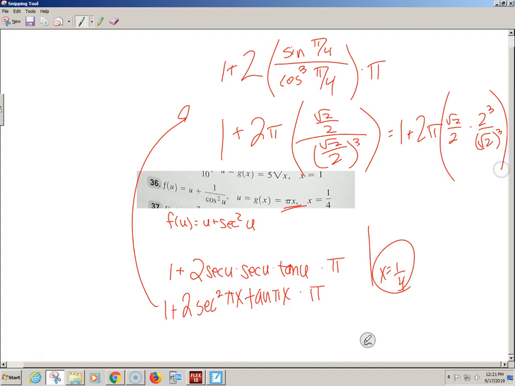I don't know if that's the easiest one, but in my mind it's a fraction over a fraction, just flip it. Then I can reduce one of those 2's, and I can reduce the root 2 with one of those. I end up with 1 plus 2 pi times 4 over root 2 squared, which is just 2. And that's going to be 2.